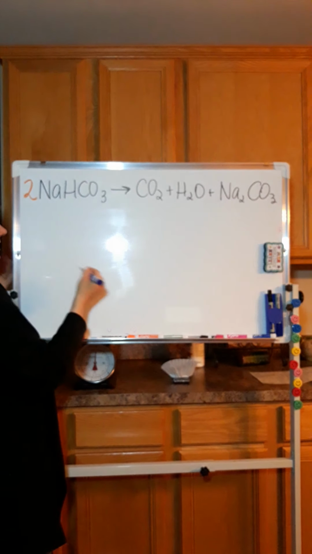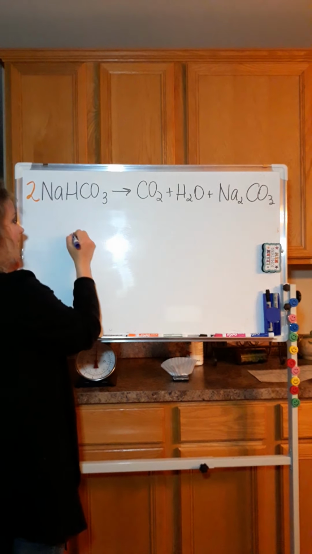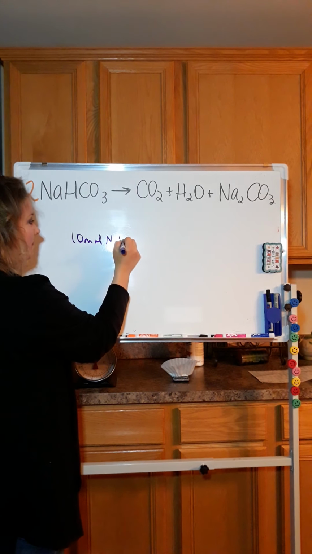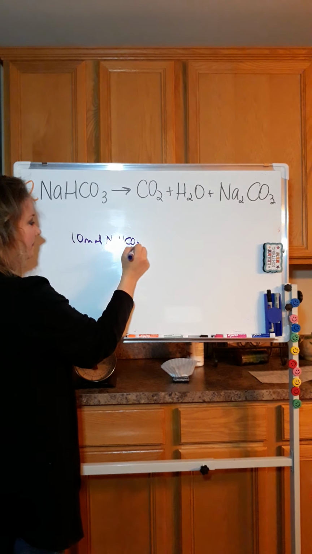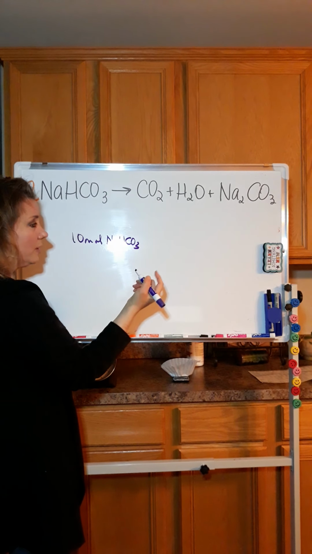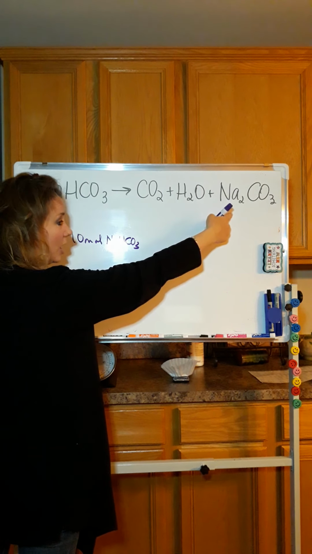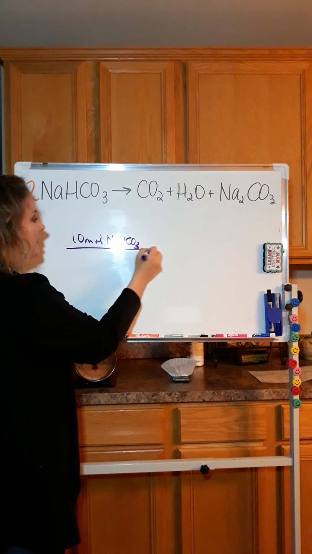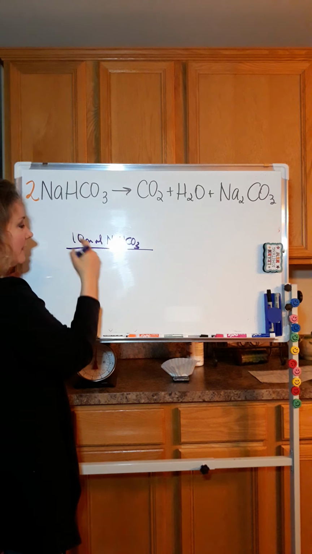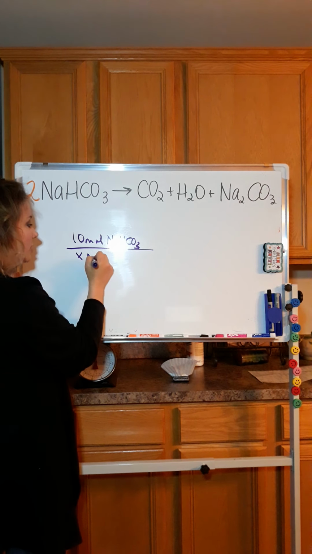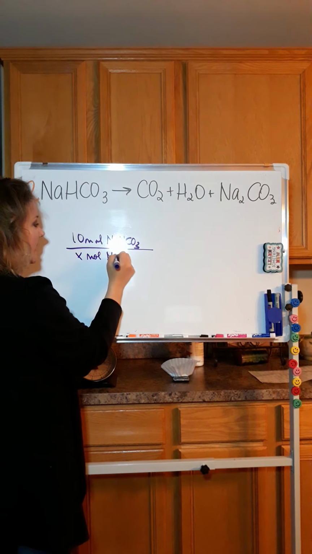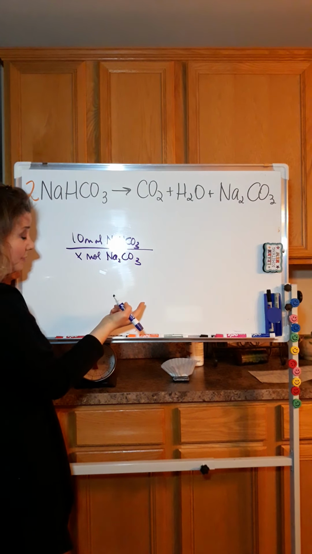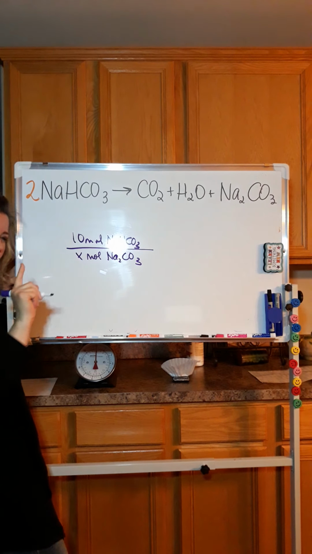So what is given in our problem is that we have 10 moles of sodium bicarbonate, and I want to know how much sodium carbonate we're going to create, but I don't know that answer yet. So I'm going to put 10 moles of sodium bicarbonate over X moles of sodium carbonate, because I don't know how much I'm going to be able to produce yet, but we will find out.